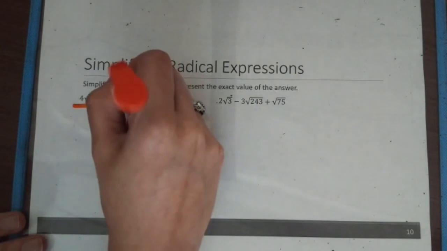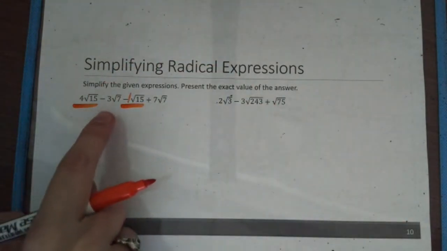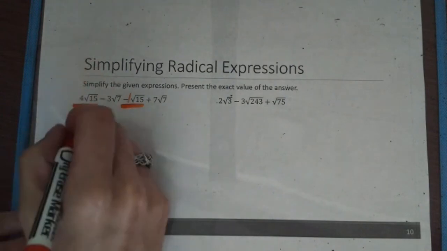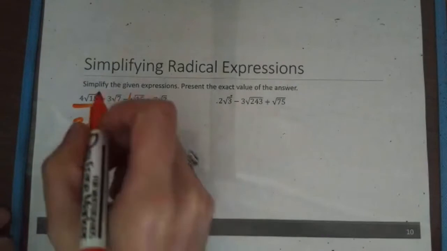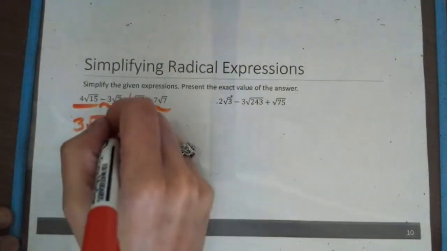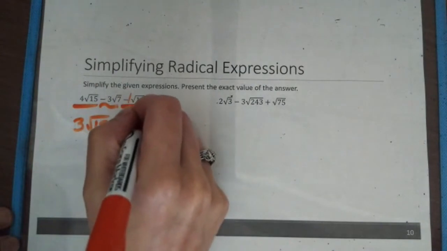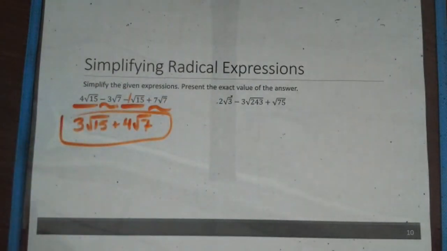But what that really means is minus 1 square root of 15. So 4 square roots of 15 minus 1 square root of 15 leaves us with 3 square roots of 15. And then we have a negative 3 square root of 7 plus 7 root of 7, and that's a positive 4 square root of 7. That's how this simplifies.